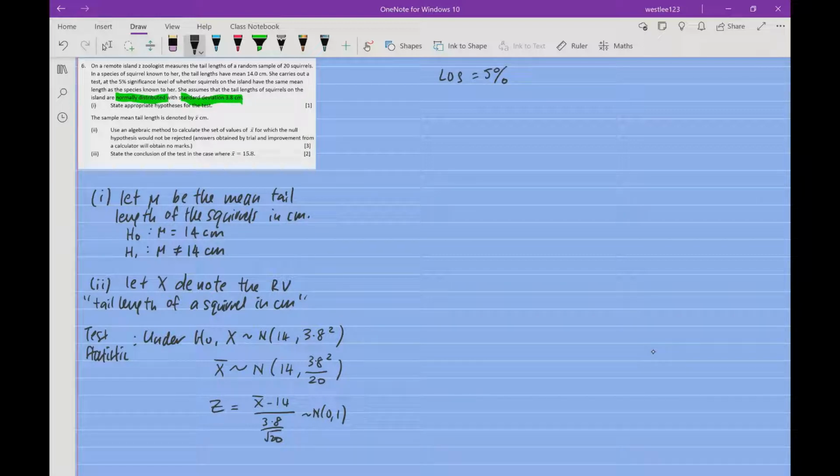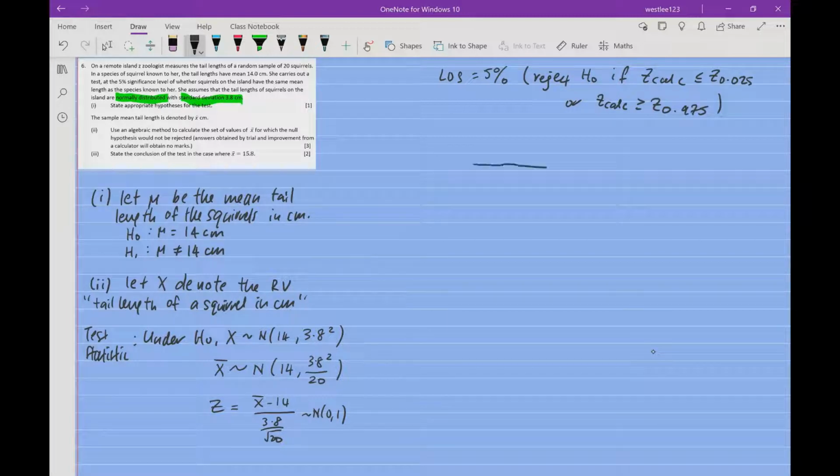The rejection criteria for a 5% level of significance two-tail test is: reject H0 if z calc is less than z0.025 or z calc is more than z0.975.